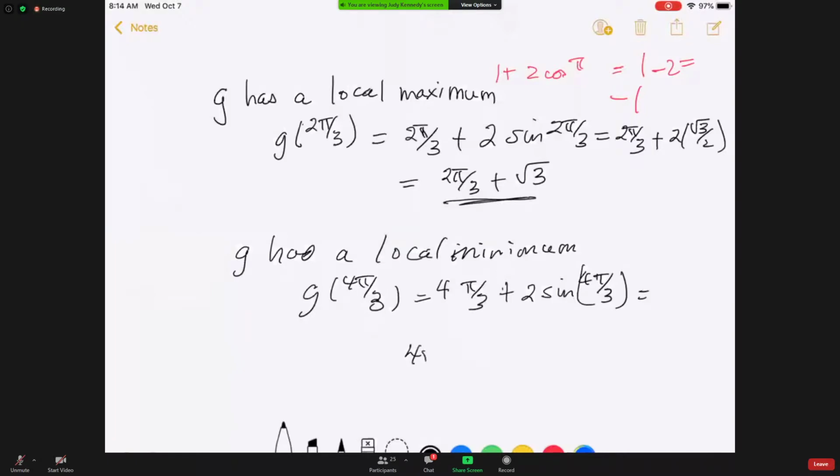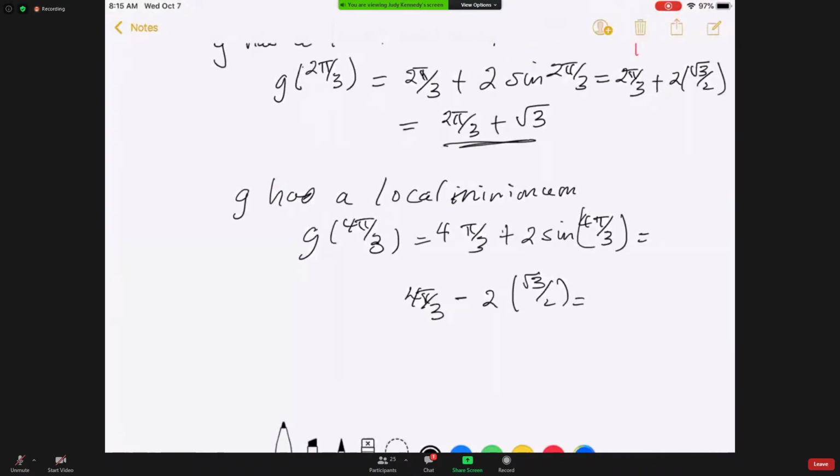So this is 4 pi over 3 plus minus 2 times the square root of 3 over 2, which is 4 pi over 3 minus the square root of 3.